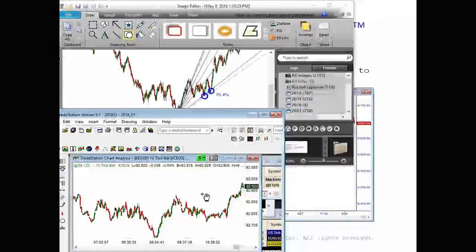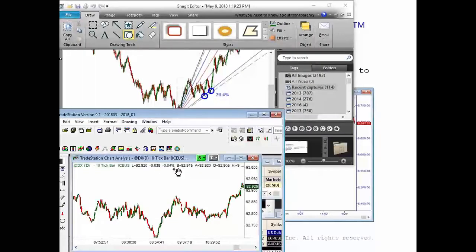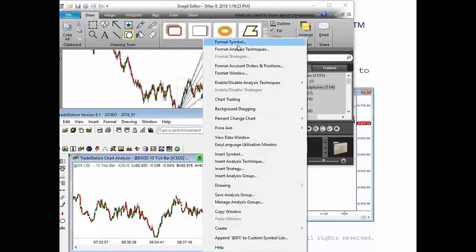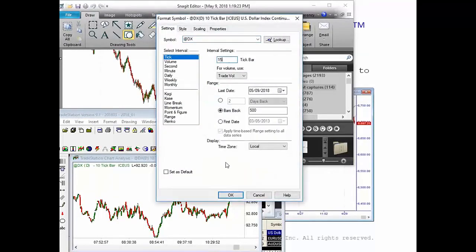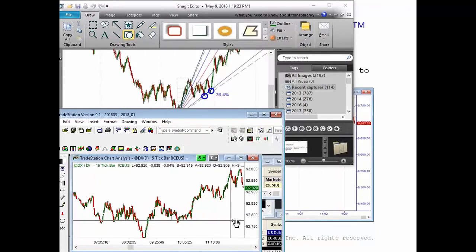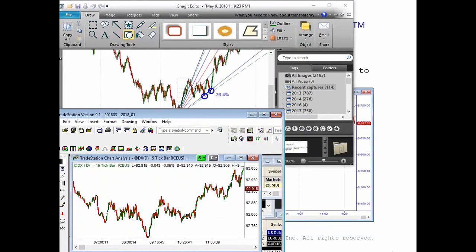Let me squish this down so you guys can see a little bit better. I'll just make it a smaller tick chart, 15. So there you go. Notice it's exactly the same pattern there.